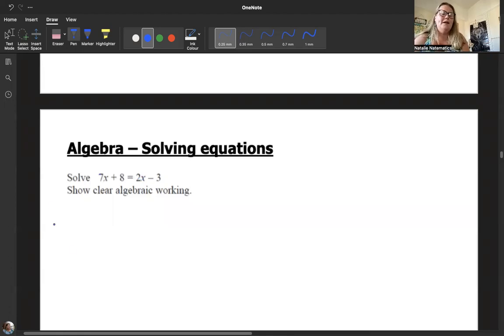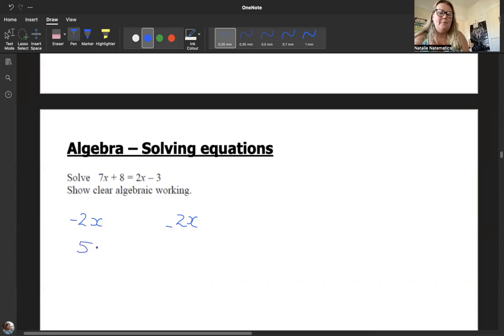Now, when we've got something like that with the unknown, think the x on both sides, we take off both sides the smallest coefficient of x. So we're going to take that off both sides. And I'm going to put it down here. So we've got 7x take away 2x, which is 5x.